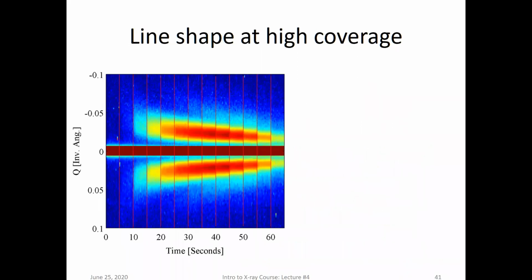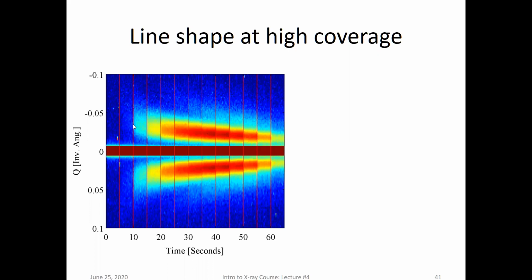Okay, so here's a blow up of one of those where the x-axis here is time, the y-axis is transverse momentum transfer, and then the color is the intensity. And so as we grow, we can actually see the diffuse scattering not only turn on and off, but it also moves. So the center of mass up here is at a larger Q than down here.